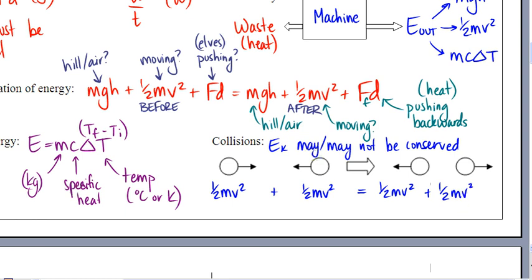And then what you'll usually find is we lose some kinetic energy on the right-hand side. Where does it go? Well, it turns into heat. So usually during collisions things get warm. That's some heat energy, some number of joules.